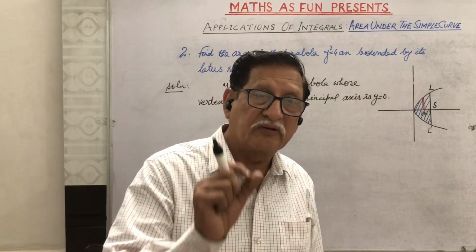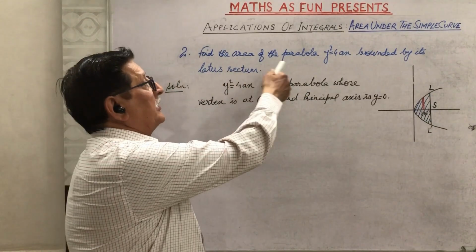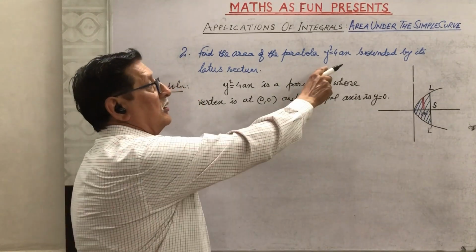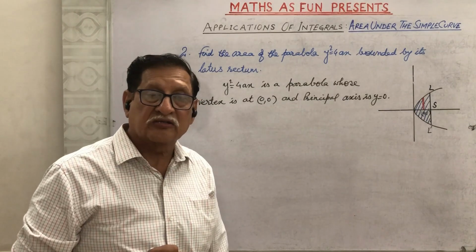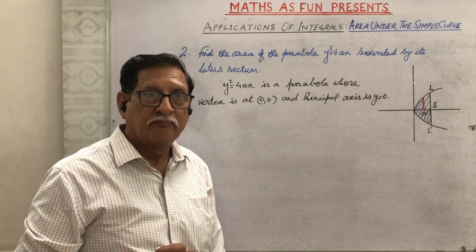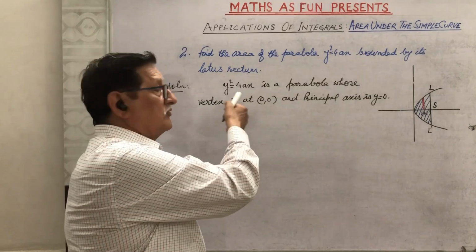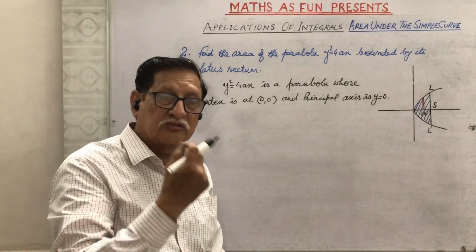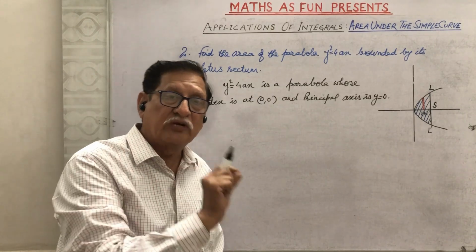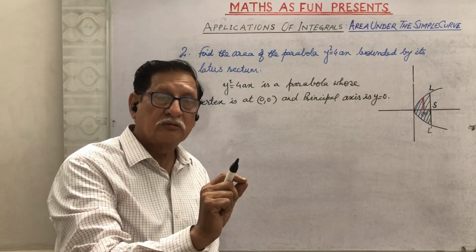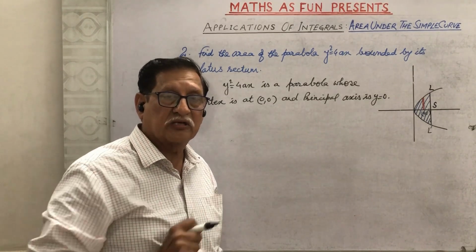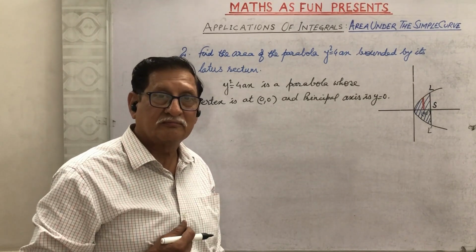The next example we discuss here is find the area of the parabola y square equal to 4ax bounded by its latus rectum. First we write the equation of the curve which is given to us, that is y square is equal to 4ax, and we know this is the equation of the parabola whose vertex is at the origin and the principal axis lies along the x-axis, that is y equal to 0.